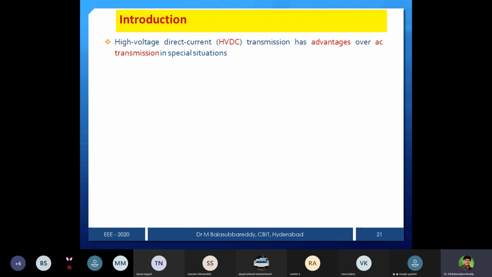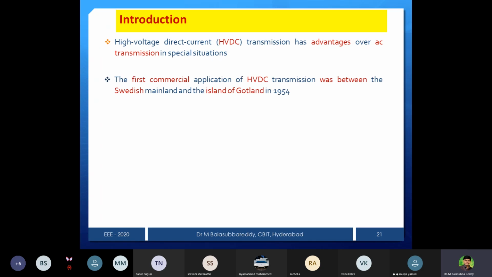That is the reason nowadays in some cases existing transmission lines also are being converted to the DC fashion. A lot of advantages are there. Anyhow, all these things will be covered in the comparison of AC and DC transmission with technical aspect.